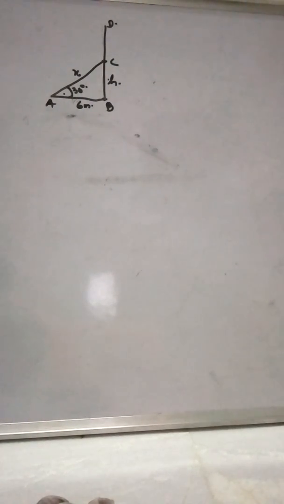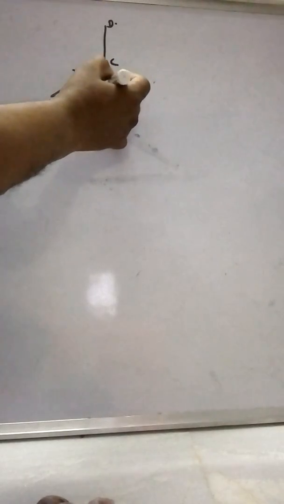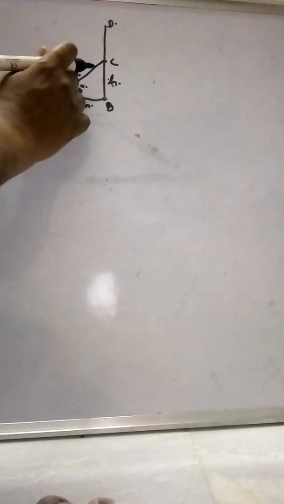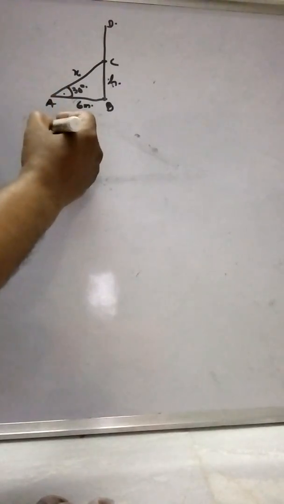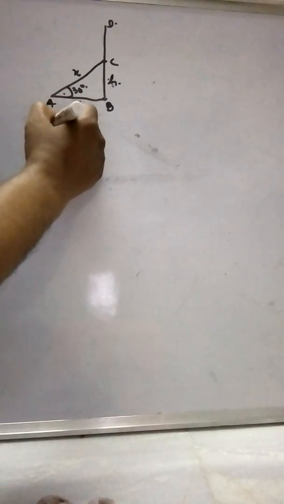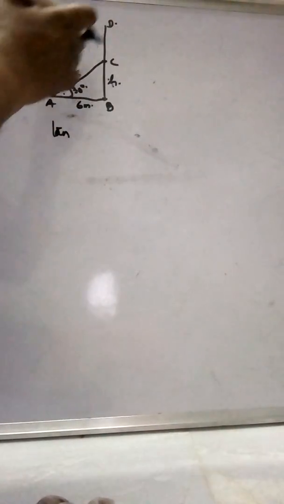Now I have to see what I have to find. For height, this is opposite according to this angle. Opposite by adjacent will give you tan. You have to write everything. What is BC and what is AB?